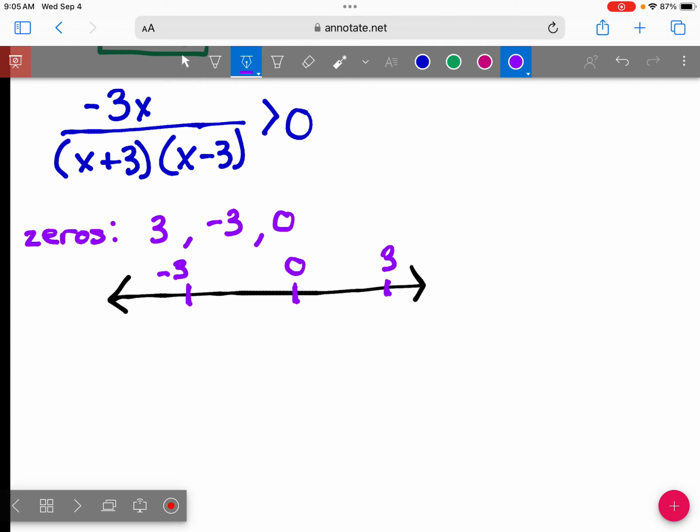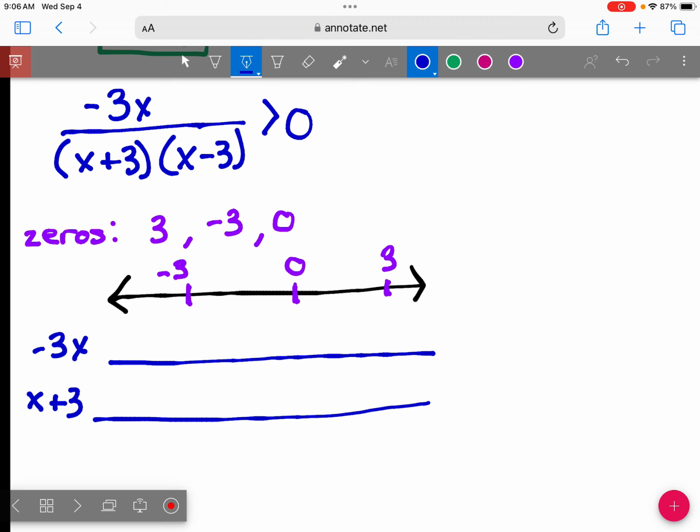When we're putting down our factors to find our positivity, we need to take our numerator and both pieces of the denominator because all of those things are essentially being multiplied together. So we're going to put our minus 3x and x plus 3 and x minus 3.